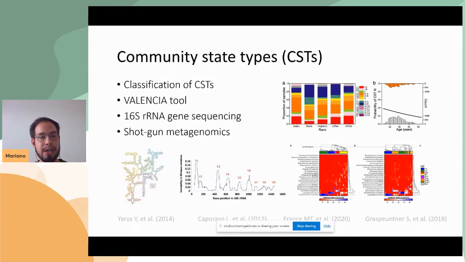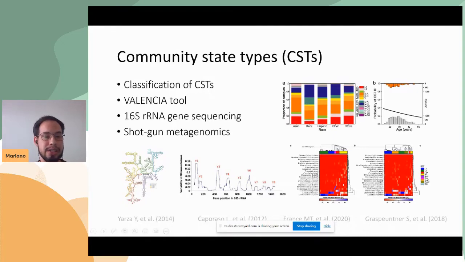But the downside of this tool is that it requires 16S ribosomal RNA gene sequencing data, which provides species-level profiling for a limited amount of species. And we also know that for 16S, there are problems with PCR bias.